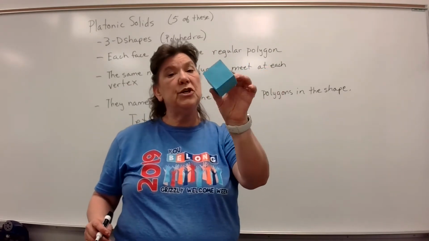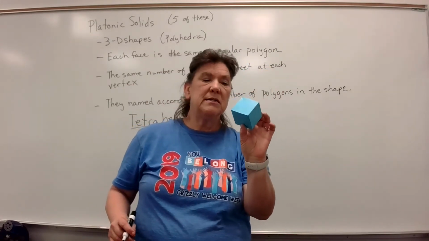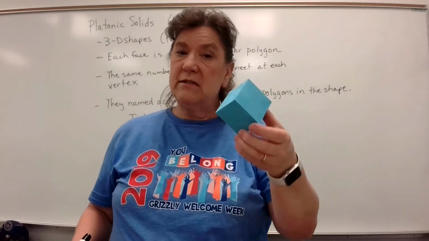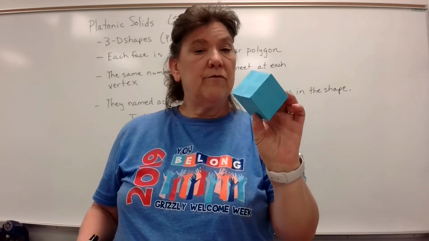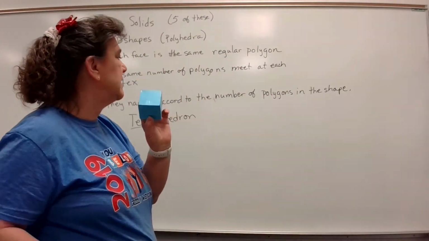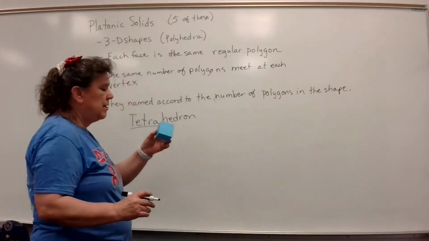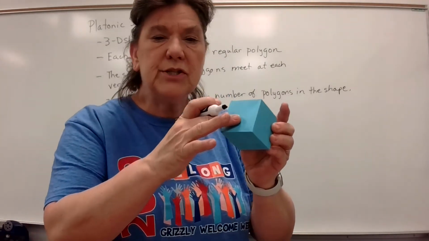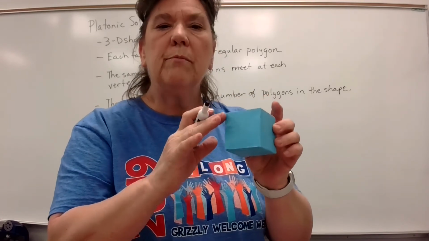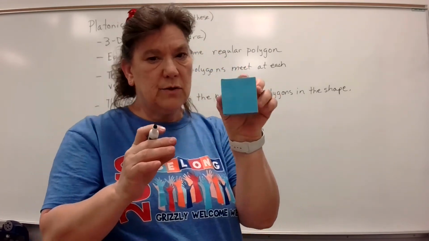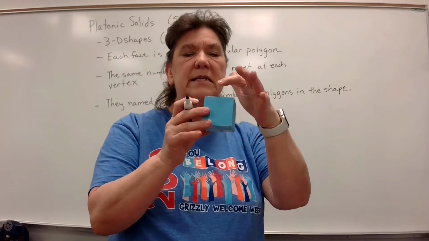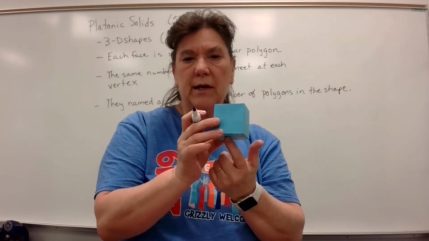Okay? It's a tetrahedron. We have another one here, and another name for it is a cube, because all of the squares are exactly the same size, and therefore it makes a 6-sided figure. Notice that the basic shape of this one is a square, which is a regular polygon, and it has 6 of those regular polygons.